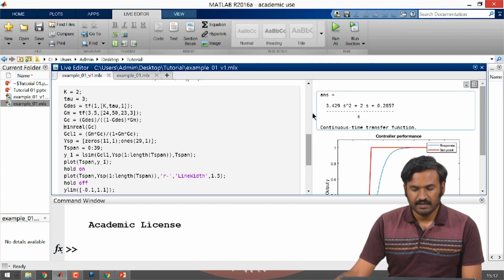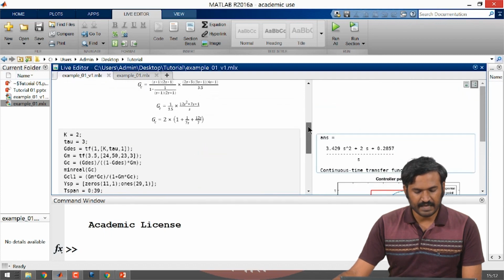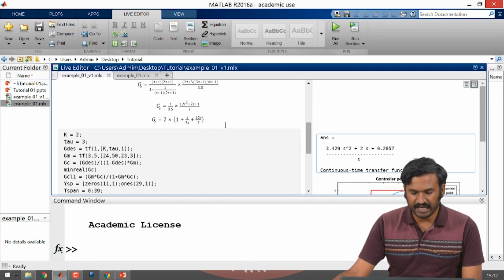As you can see, the calculation turns out to be: the controller gain is 2, which can be seen here, the integral constant value is 7, that also can be seen in this constant, and the derivative value is 12 by 7, that also can be seen here.